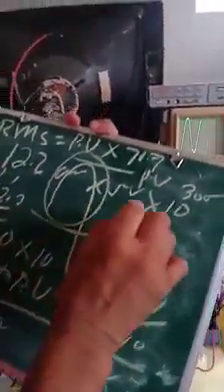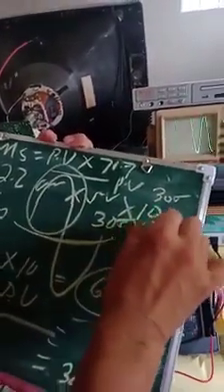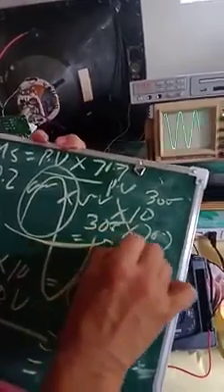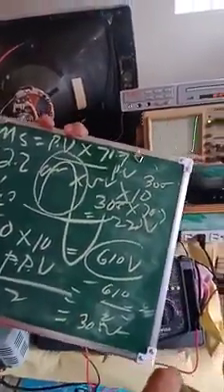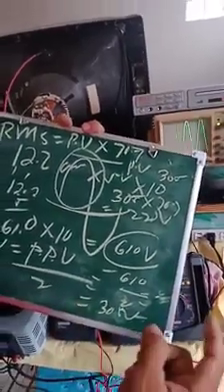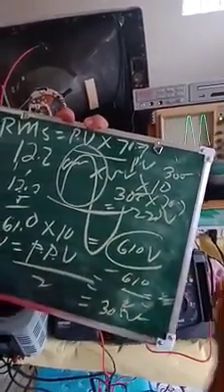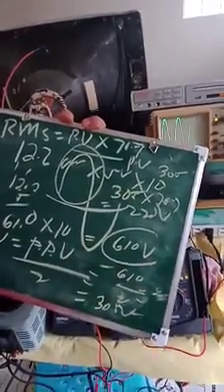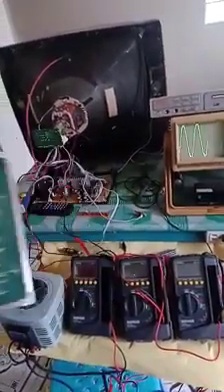So the peak value, 305, times 70.7% is around 220 volts. That is how we get the RMS value, by multiplying the peak value, which is 305, by 70.7%. And the result now is 220 volts.